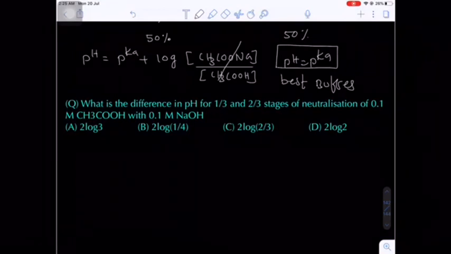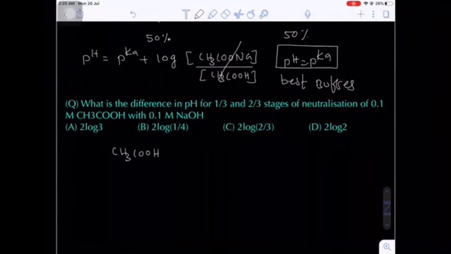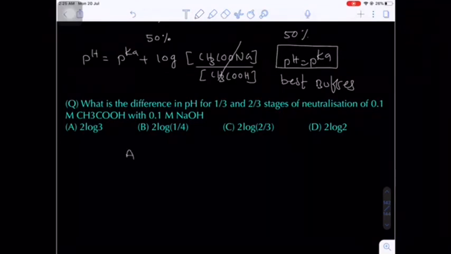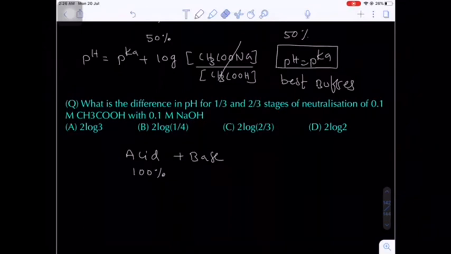Okay. Now here, what is the difference in the pH when 1/3 and 2/3 of the acid is neutralized by 0.1 M NaOH, with 0.1 molar acetic acid? Now here, acetic acid and NaOH. What is the reaction between acetic acid and NaOH? Let's suppose we are using one general acid, I am writing acid.